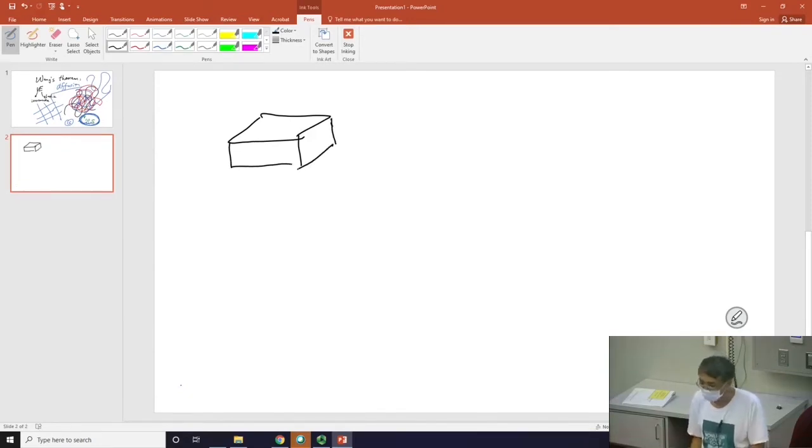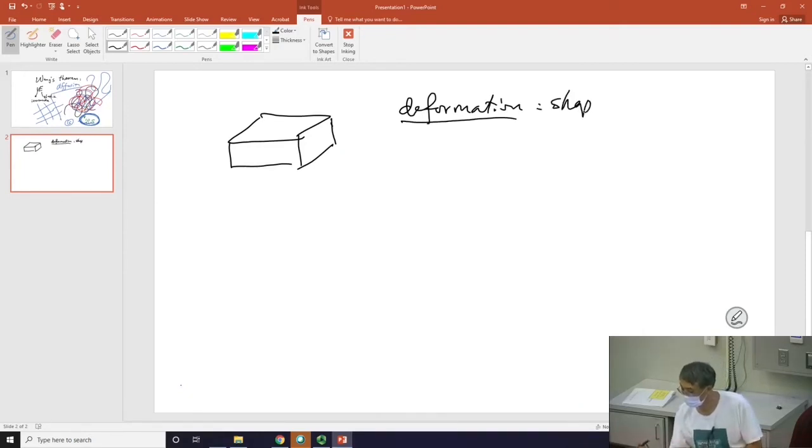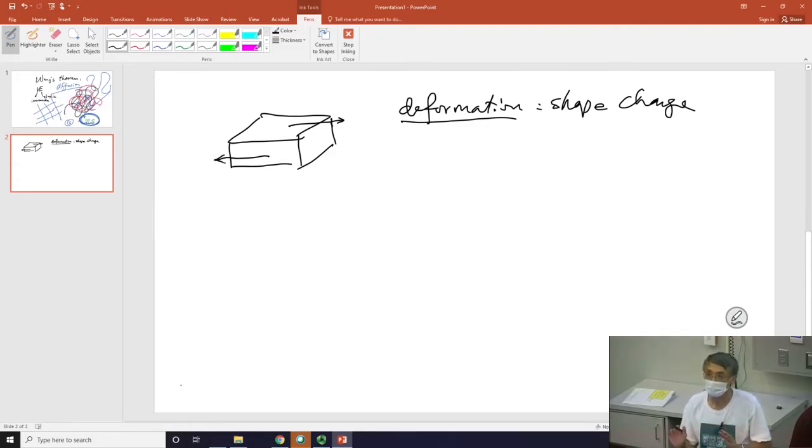So I told you the rheology, or what we're dealing with, is all about deformation. And I said it's all about shape change. And you can see when that is said, it means I don't care about the classical physics you learned in high school. We are talking about a polymer sample experiencing zero net force. There's no force on it. No net force on it.